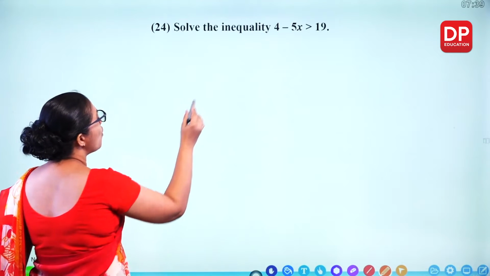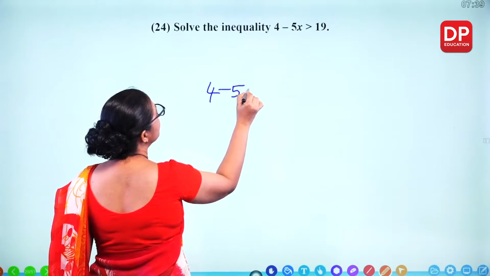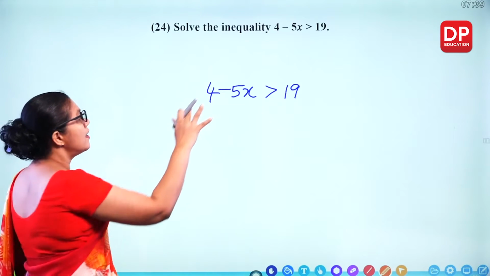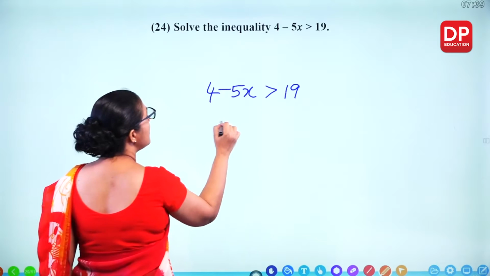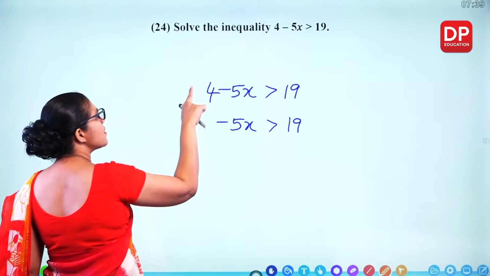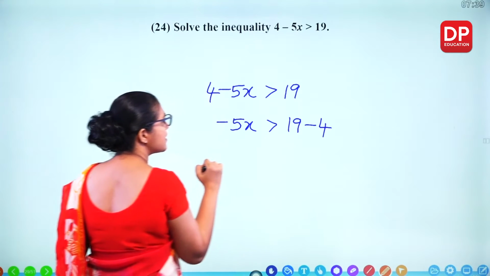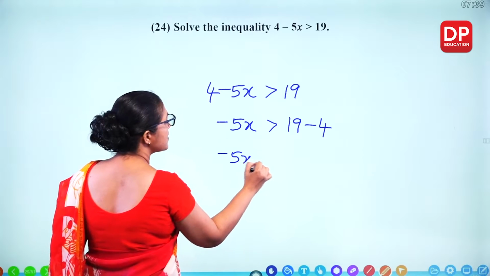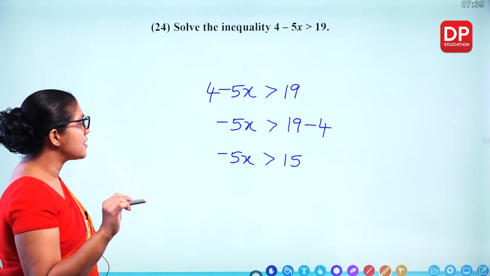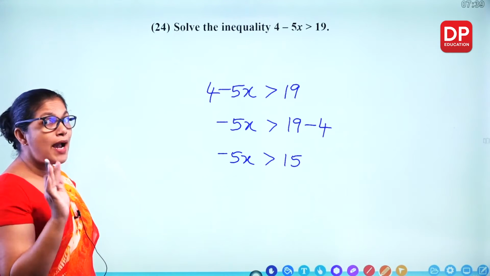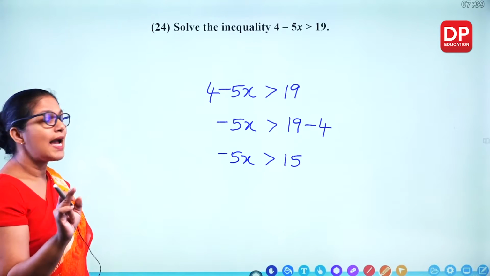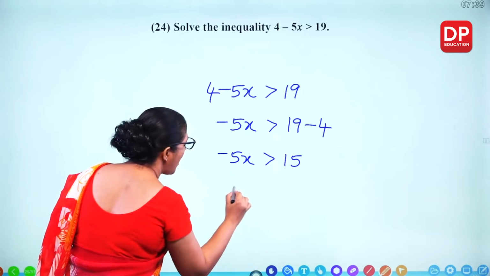Question number 24. Solve. This is an inequality. Keep the x terms in one side, take the other numbers to the other side. 4 is positive. When you take it to the other side, that's negative. So minus 5x is greater than 50. Now you have to get rid of this minus 5. You can divide by minus 5. What happens when you divide by a minus value?